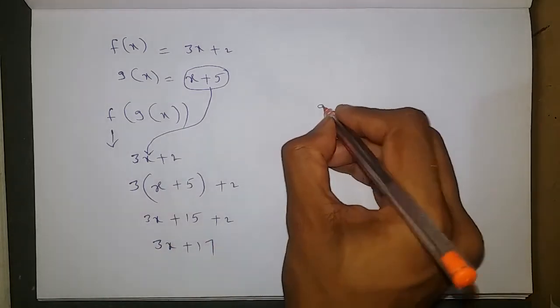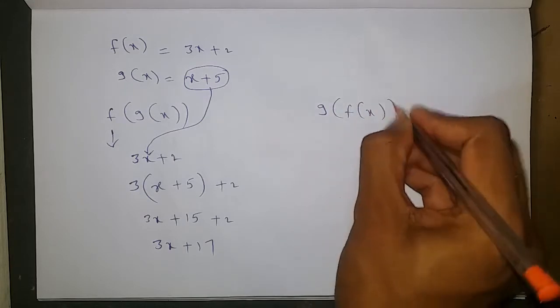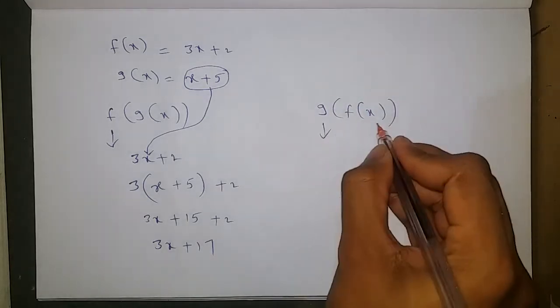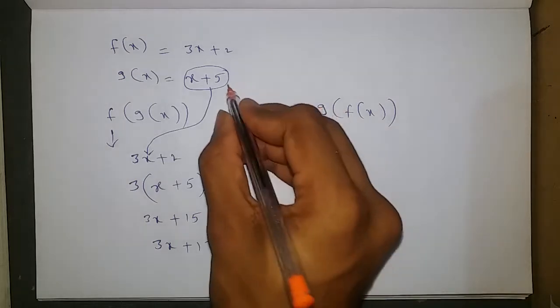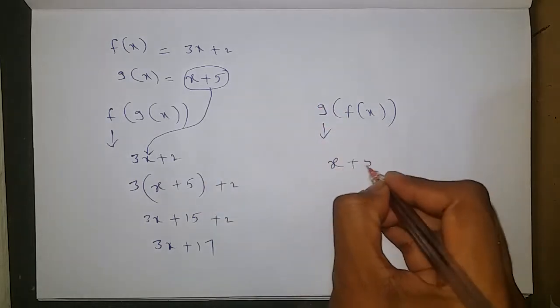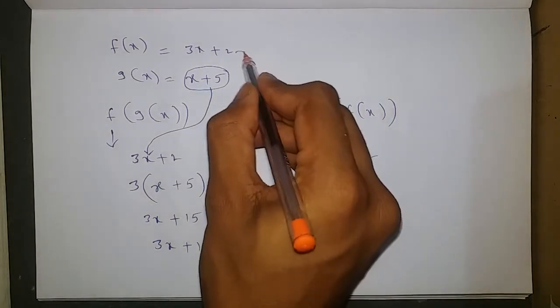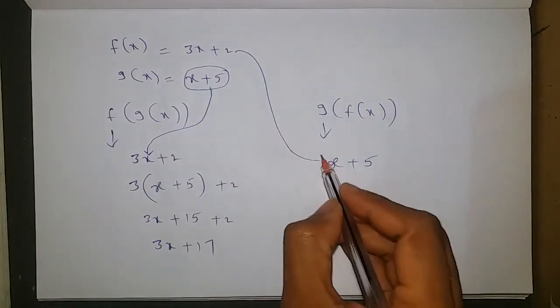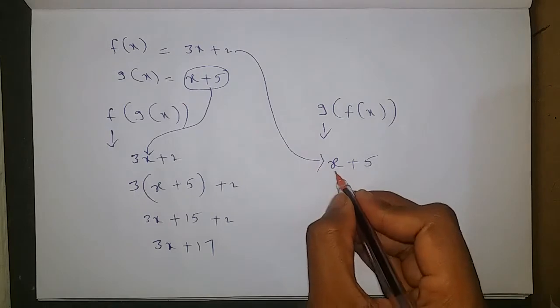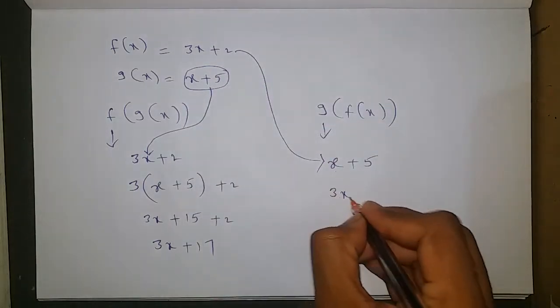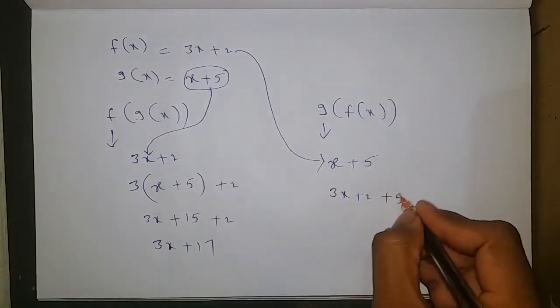Now let us find g of f of x. In g we need to substitute f. g is x plus 5. So in this we need to substitute f. So this total value I need to substitute in the place of x. So in the place of x, total 3x plus 2 and this plus 5 as it is.